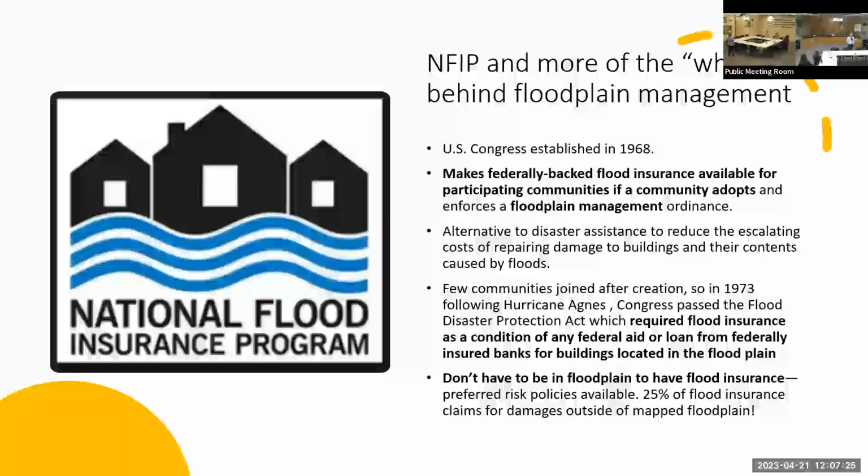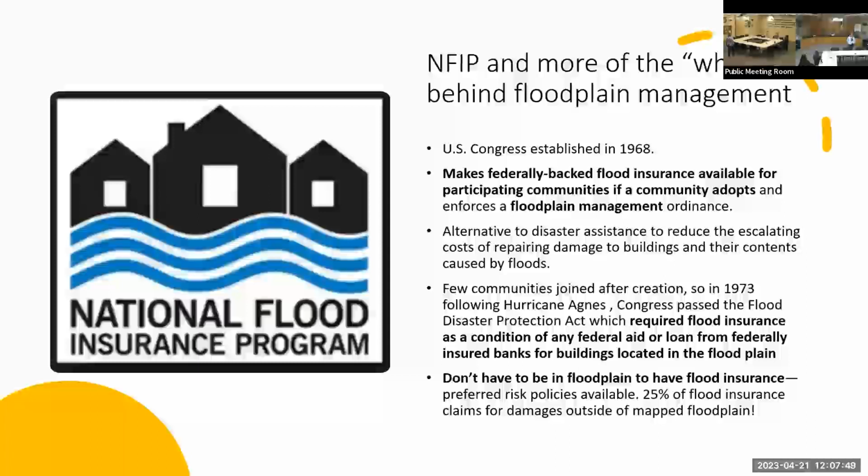In '73, because not a lot of communities were joining, it actually became a requirement for flood insurance if you were building in a floodplain and you had a federally backed loan or mortgage, which most folks do. And just a note here, again, you don't have to be in a floodplain to buy this flood insurance, because we're in a community that participates.